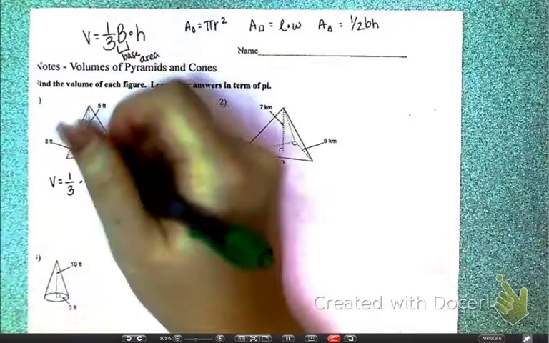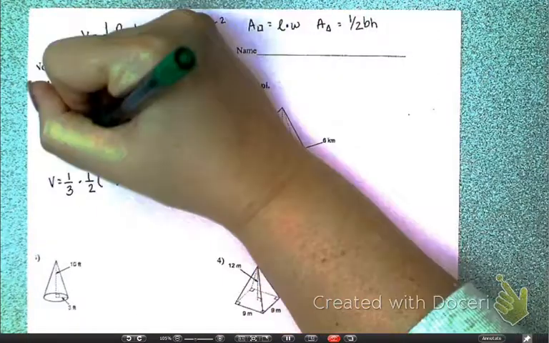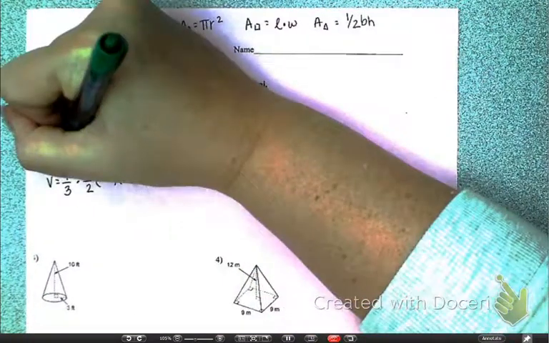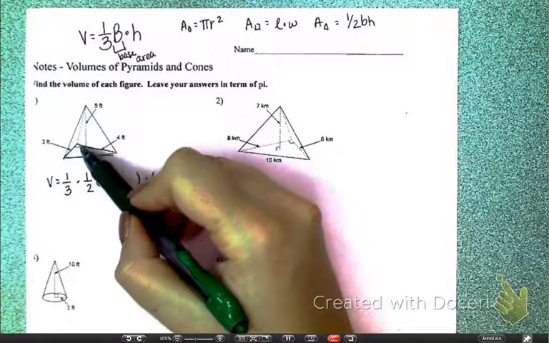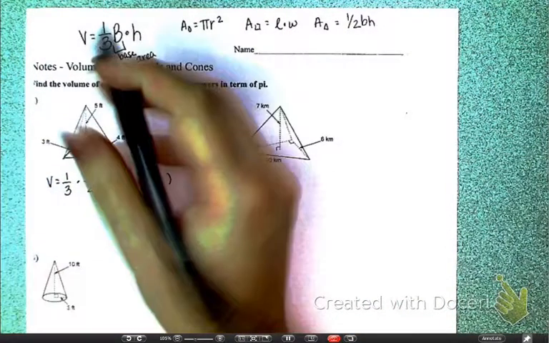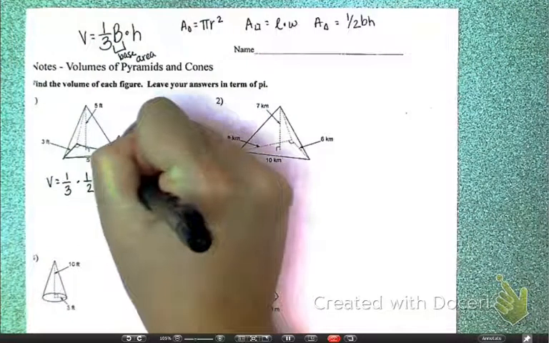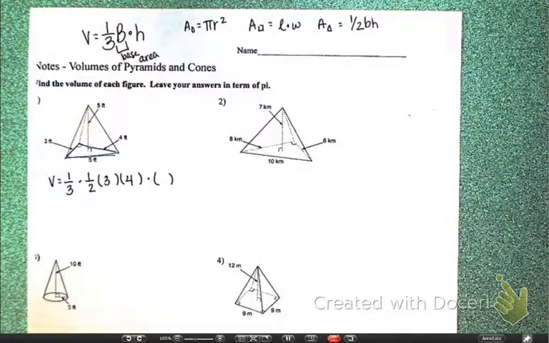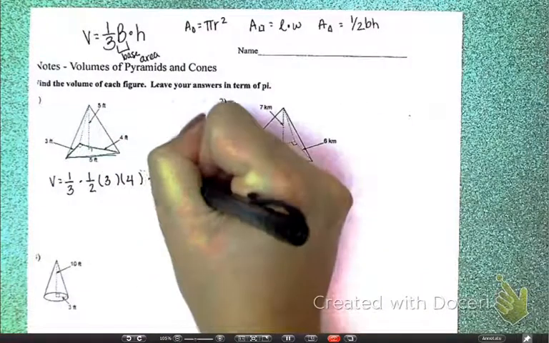If you look at just this triangle, this 90-degree angle is created by the 3 and the 4. Can you tell what the height of the entire pyramid is? 5. It goes from the point down to the base.